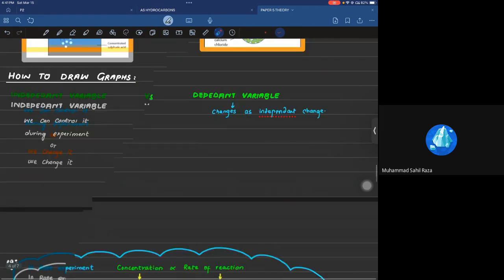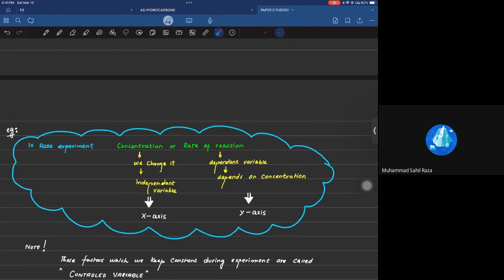So let's suppose you are going to double the concentration. Concentration is the factor that is in your hand. You can change the concentration. You can increase it. You can decrease it. That's in your hand. As you control it, it's called the independent variable.